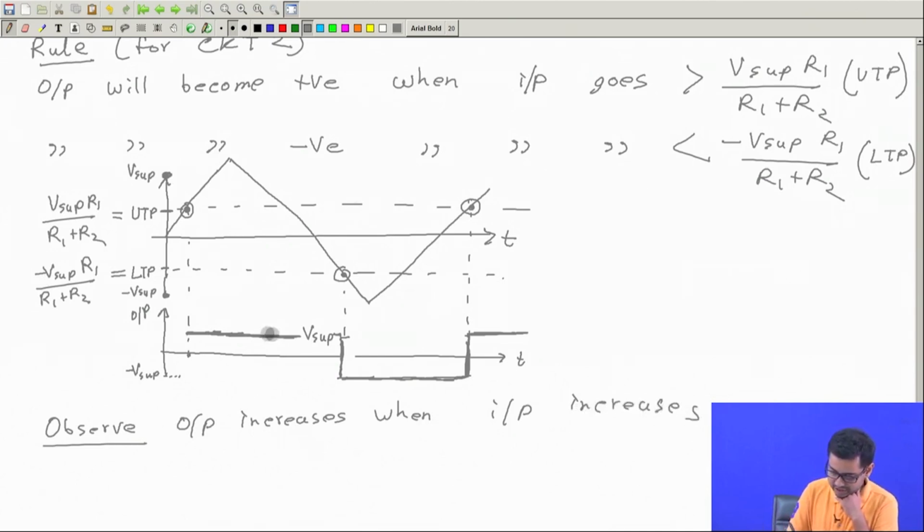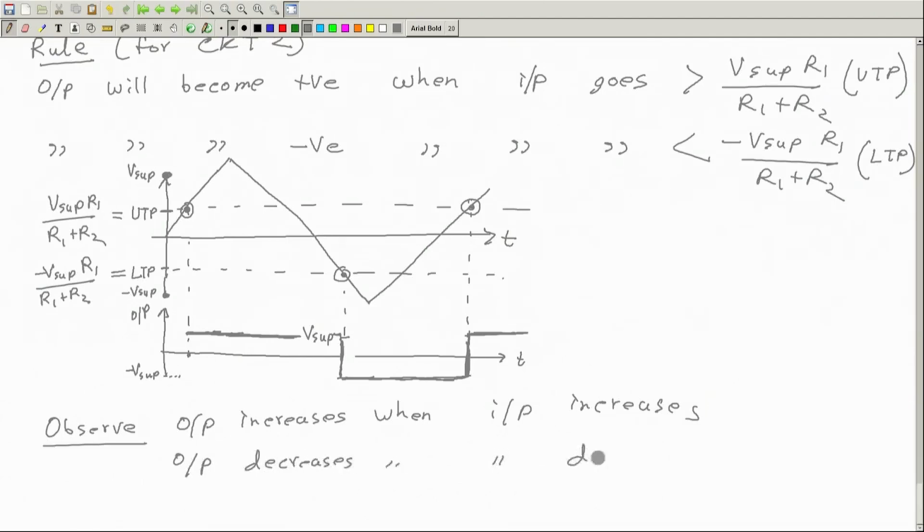You see here input is increasing, output is also increasing. Similarly, here you see input decreasing, output decreasing. So, there is a correlation between the input and output, unlike the previous circuit where the thing was reverse. So, here output also decreases when input decreases.